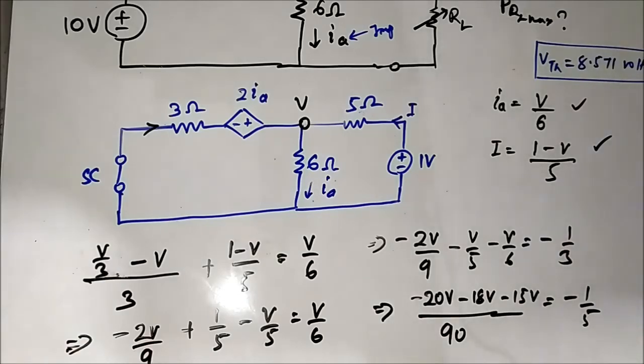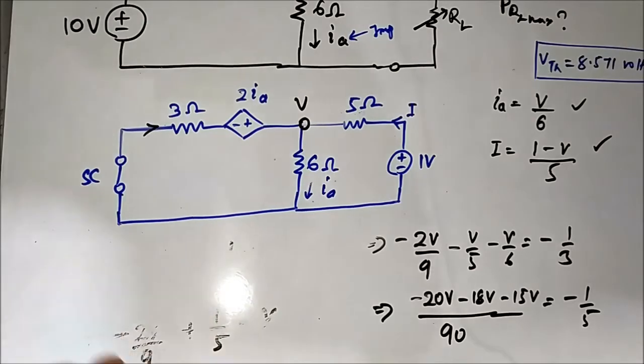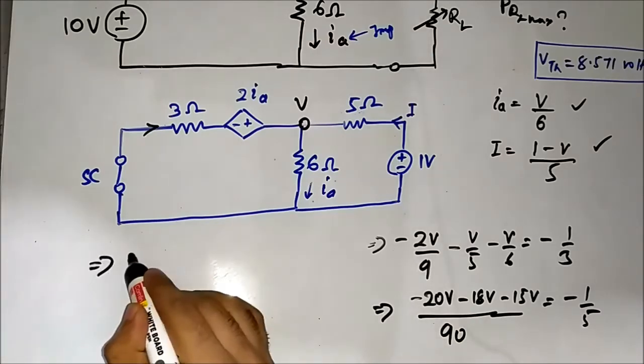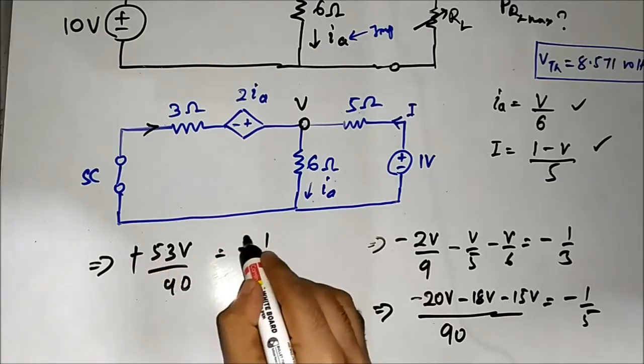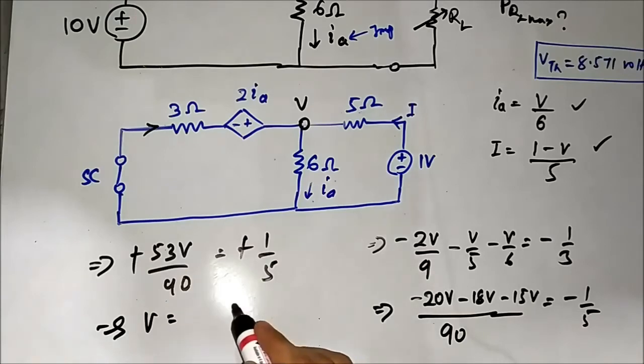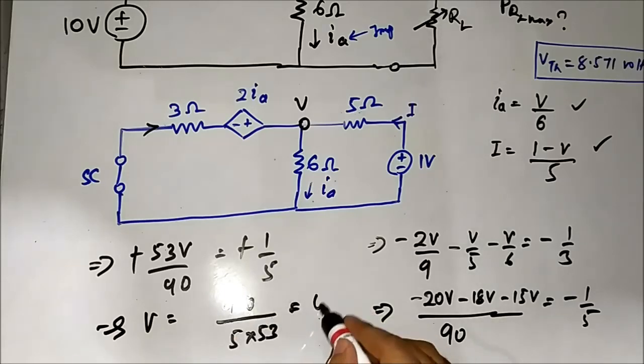That implies minus 53V by 90 is equal to minus 1 by 5. So minus minus got cancelled. That implies V is equal to 90 by 5 into 53, which is equal to 0.3396 volt.